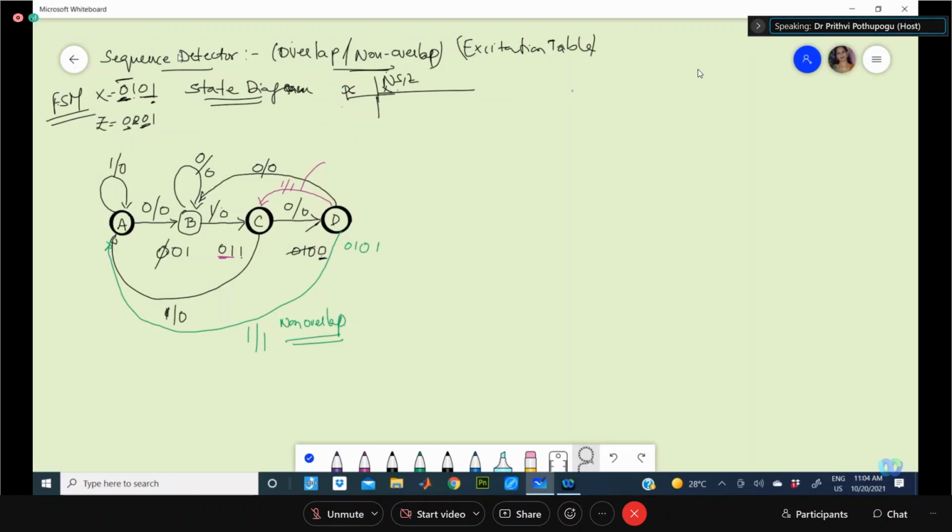That is derive, not divide. Next, divide into transition table and output table. From that you separate the transition table and the output table.